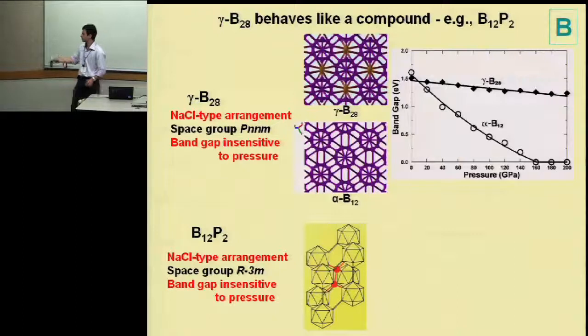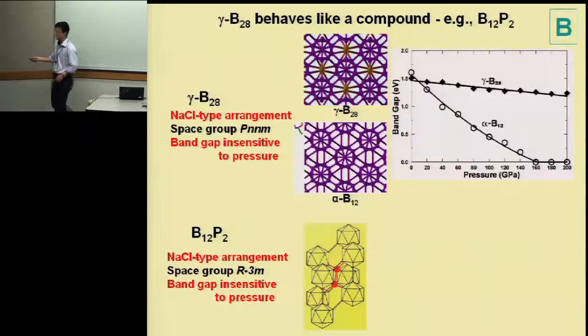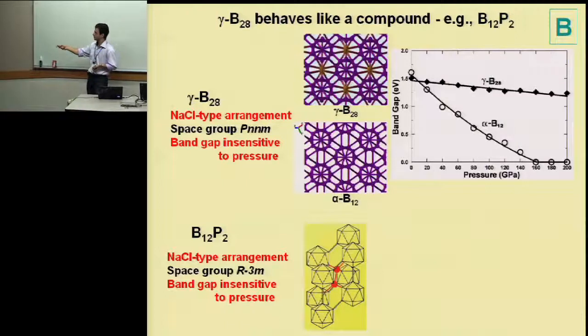Basically, this structure is similar to the structures of compounds such as boron phosphide, and these two boron sublattices play the roles of basically different elements. You can say this is a partially ionic compound of boron with boron. One of the consequences is that while normal phases of boron metallize at about 1.5 megabar, this phase of boron shows very little pressure dependence of the band gap and does not metallize.